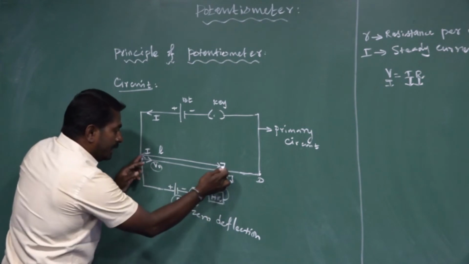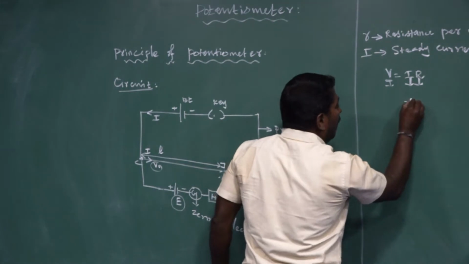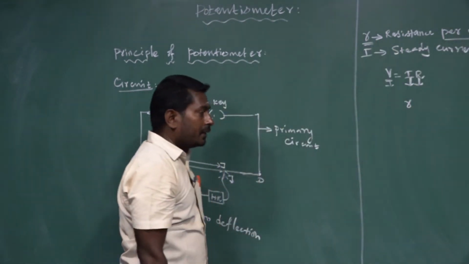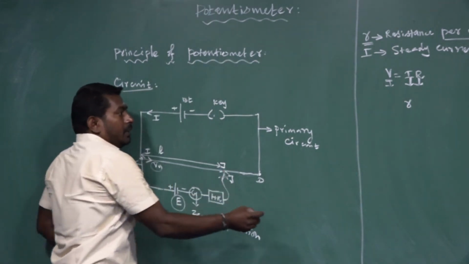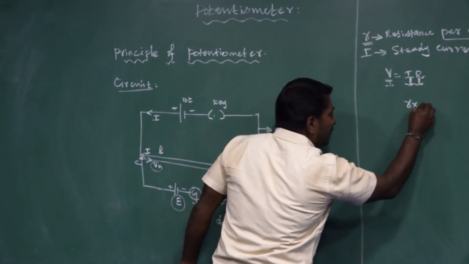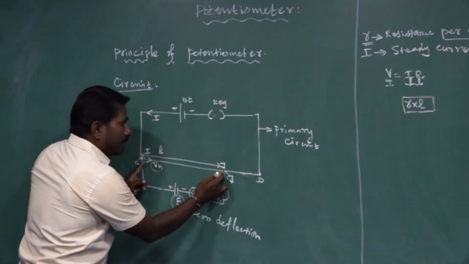We know that small r is the resistance per unit length of the potentiometer wire. Per unit length resistance r multiplied by L gives the resistance of this segment.